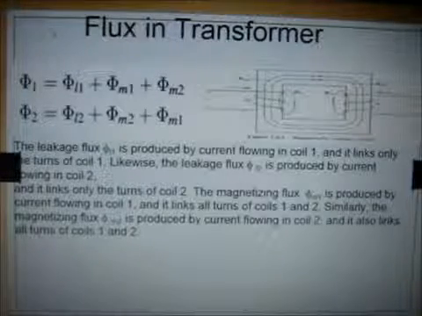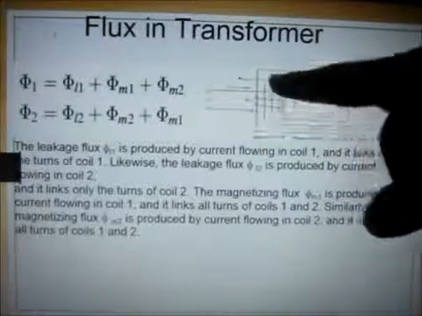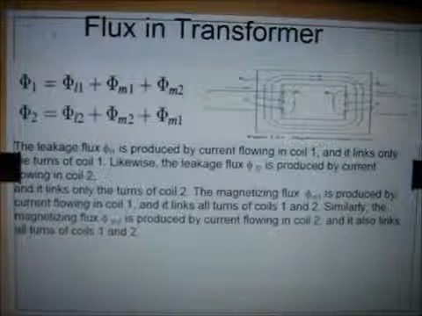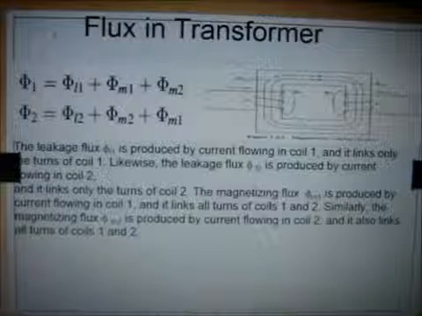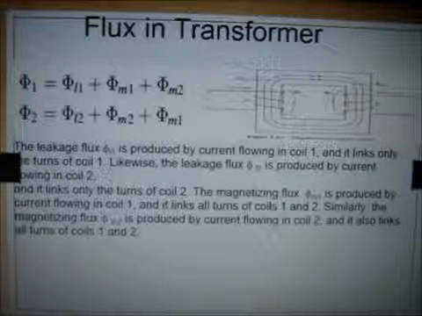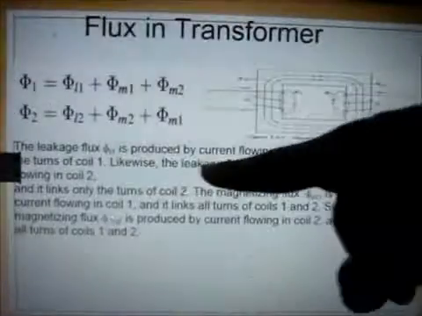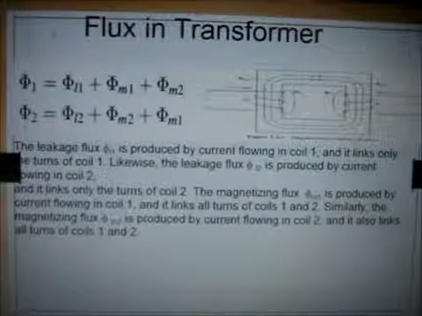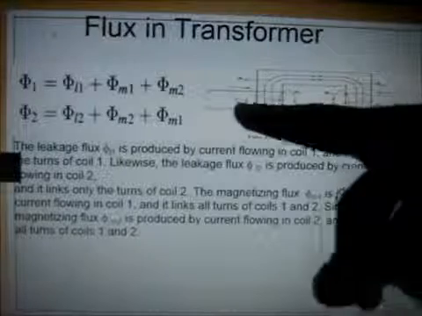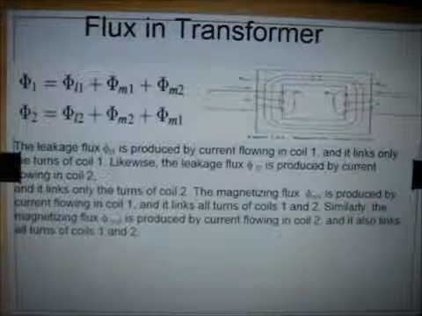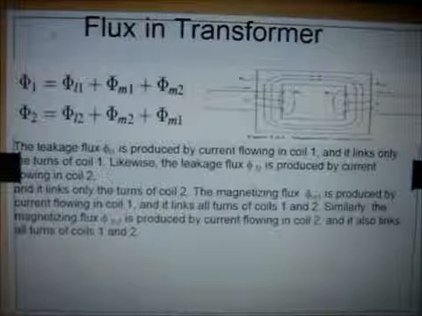Let phi1 be the flux in the first part, then it will have components phi L1, phi M1 and phi M2. The leakage flux, phi L1, is produced by the current flowing in coil 1, and it links only with the turns of coil 1.